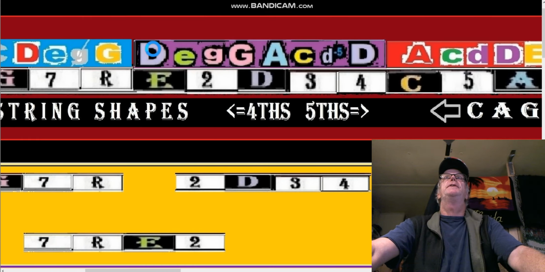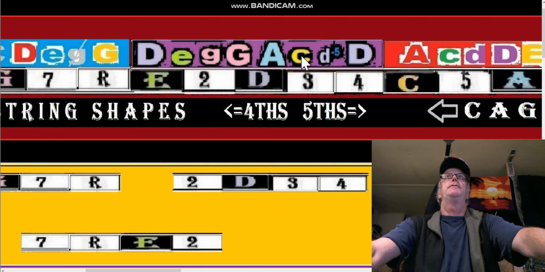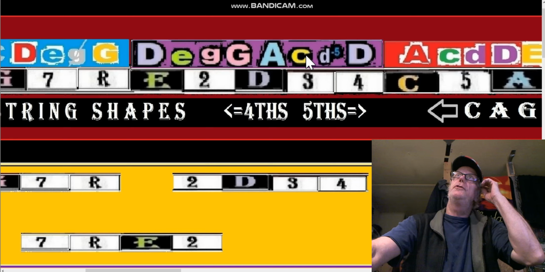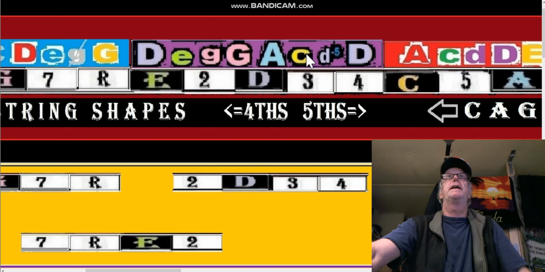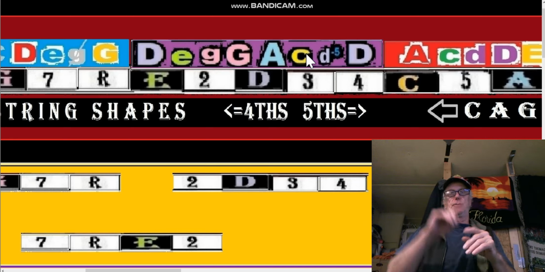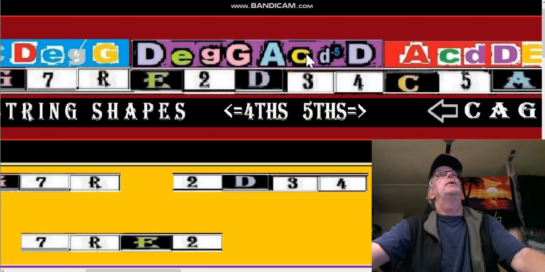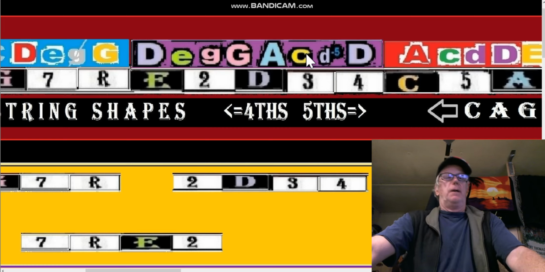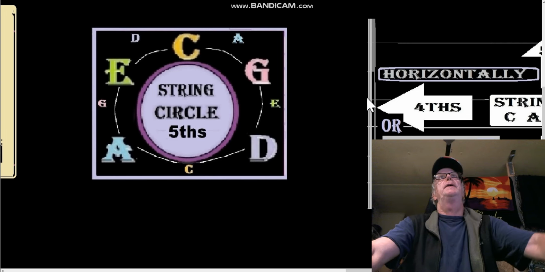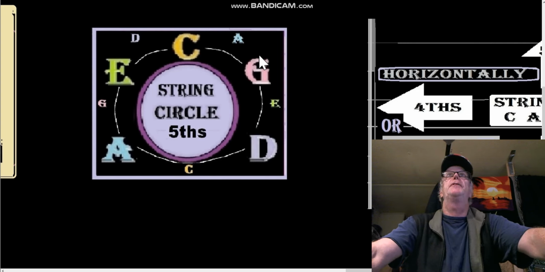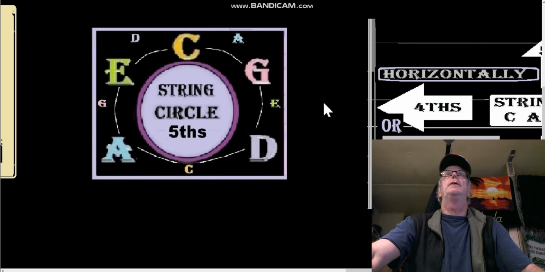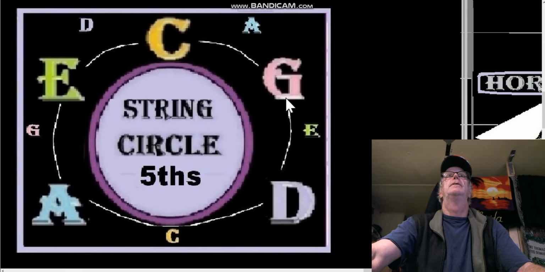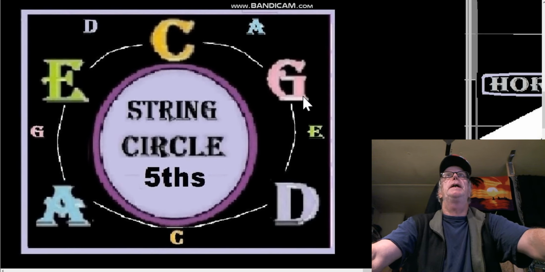Same thing with the D. The relative of D is going to be C, and by the way, the relative is always advanced by one in CAGED. If you look at CAGED as going in a circle, I don't have a cage circle here, but if you look at the little letters here, they do spell CAGED twice.